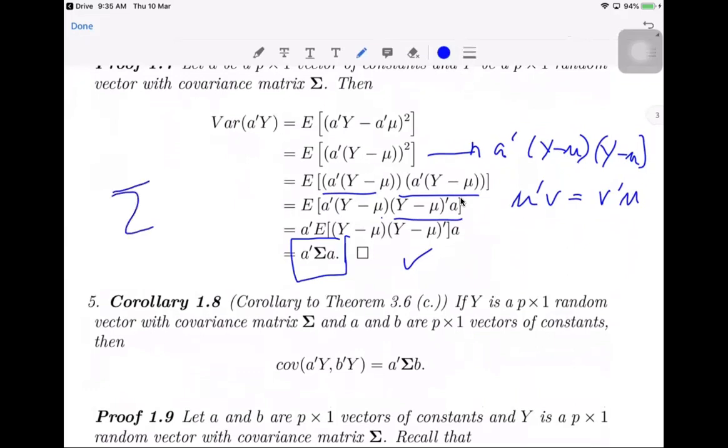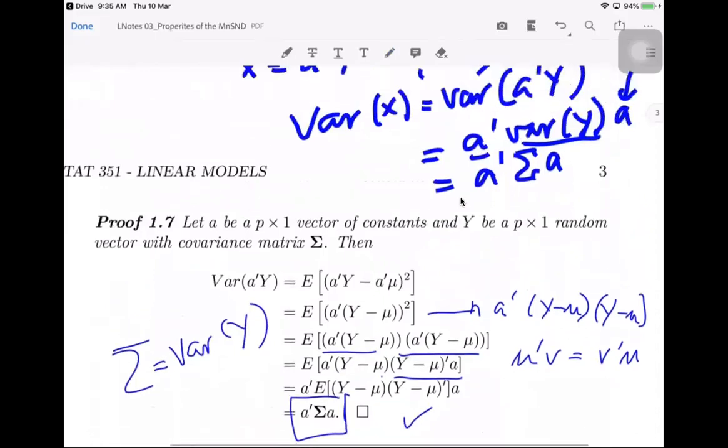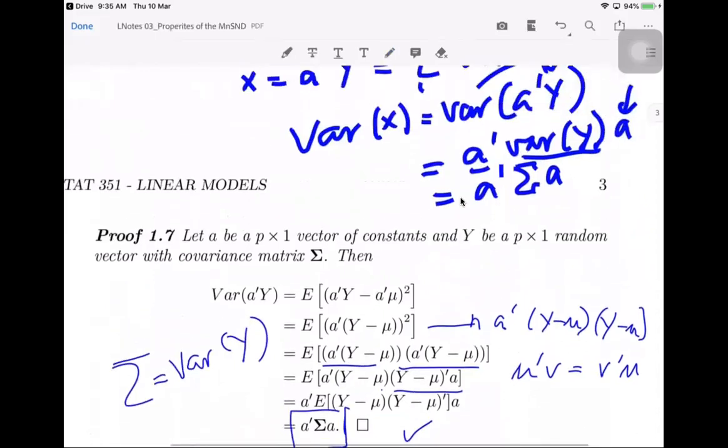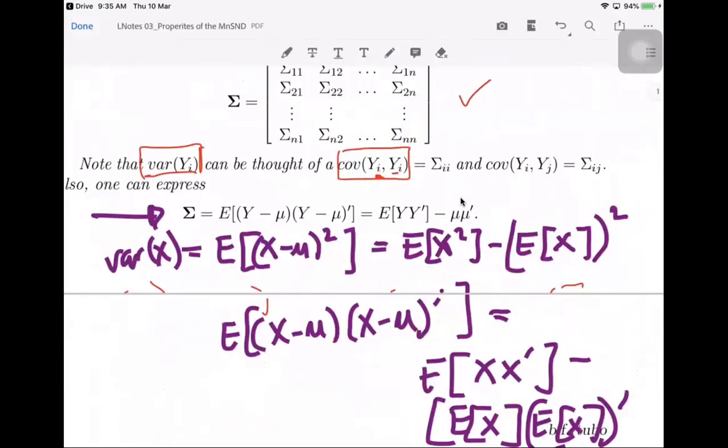We denote sigma as the variance of Y. Okay, sir. It's no longer summation, it's sigma. Okay. Thank you, ma'am.